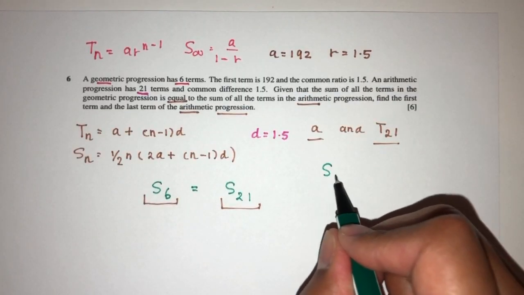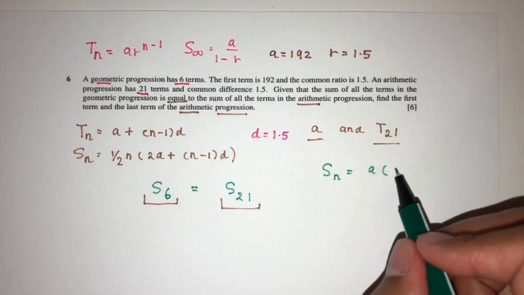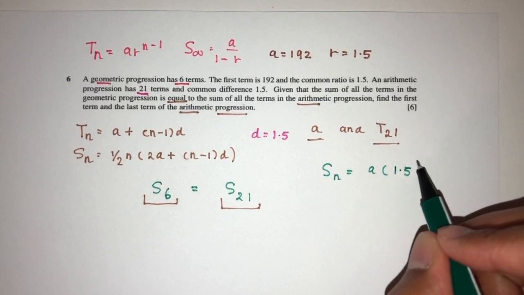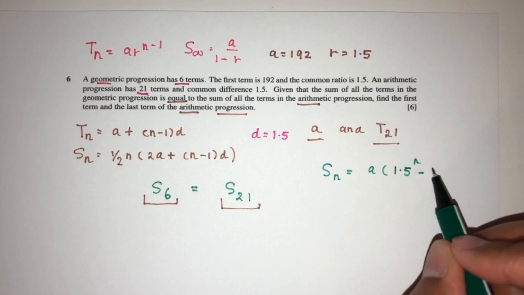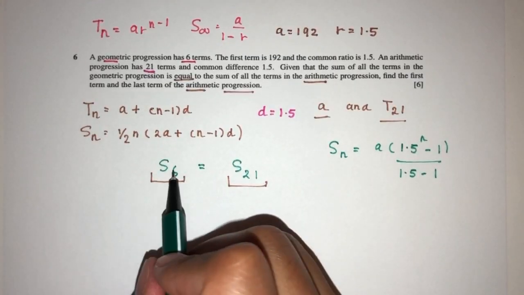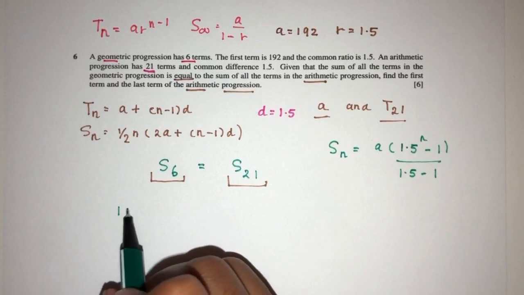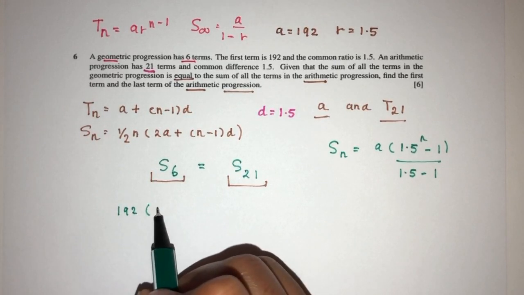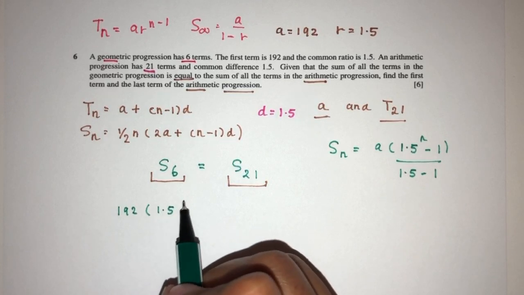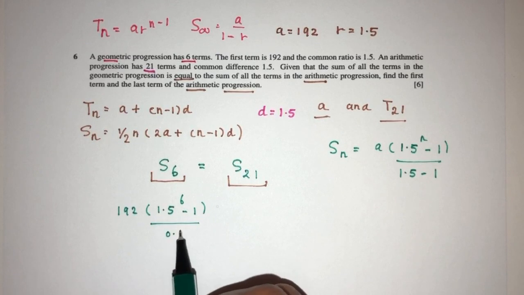The sum of the first n terms for geometric is a times r to the power n minus 1 over r minus 1. Here r is more than 1, so we can put it this way. So the sum of the first 6 terms: a is the first term, 192, 1.5 is the common ratio, n is 6, minus 1, over 1.5 minus 1, which is 0.5.